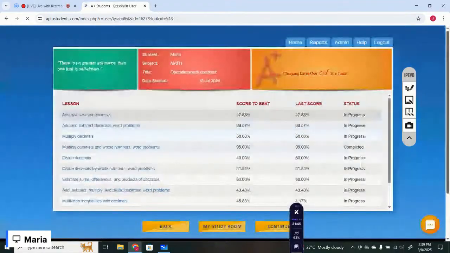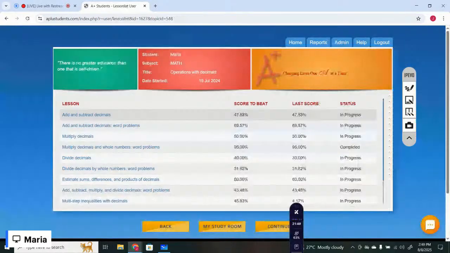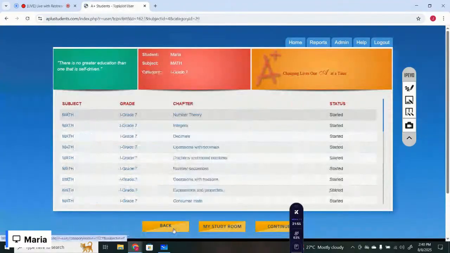So we were working on grade 7 math. The chapter we were working on is operations with decimals.